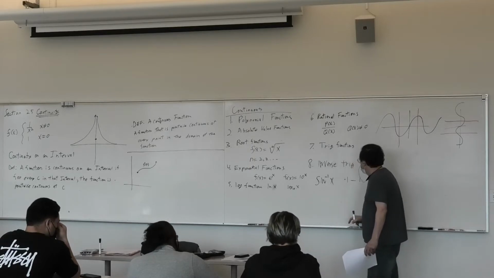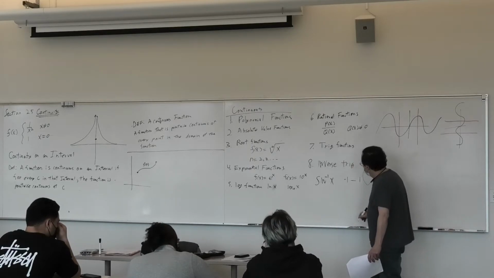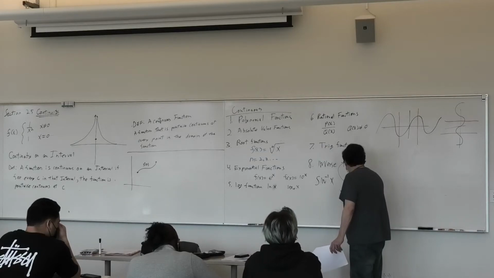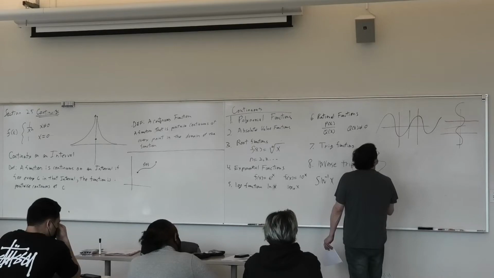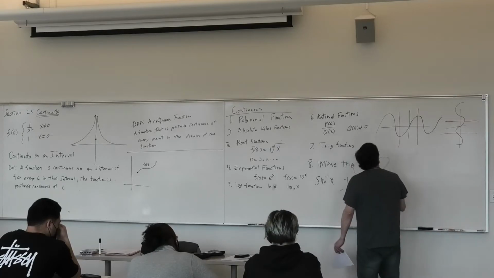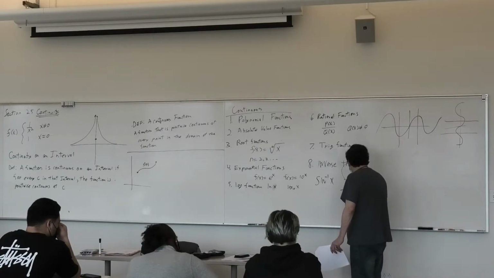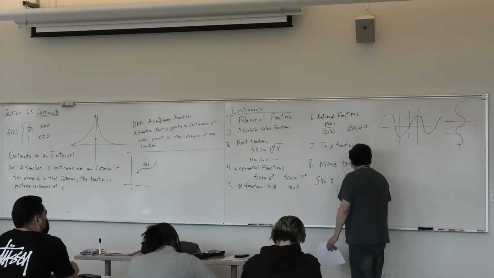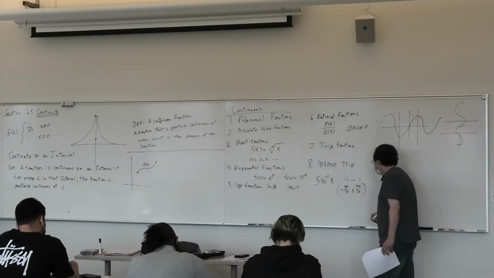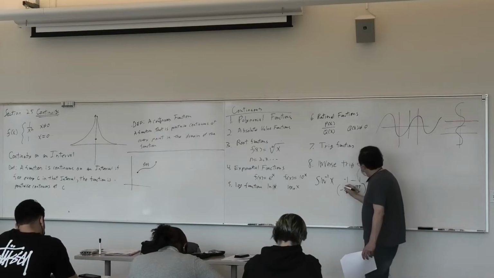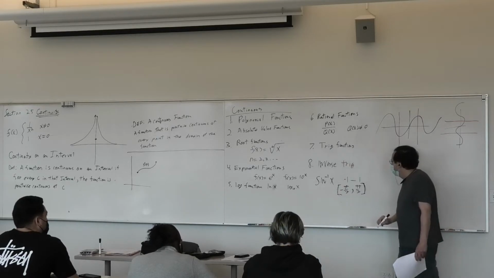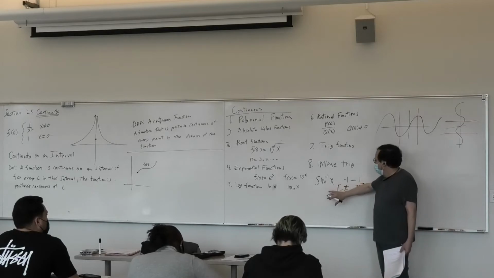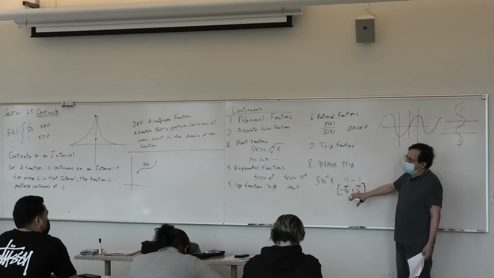But its range is going to be negative pi over 2 to pi over 2. Actually, it's a closed interval. And likewise for the cosine, we have a different interval.